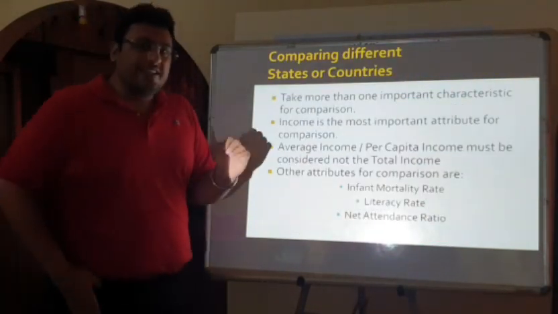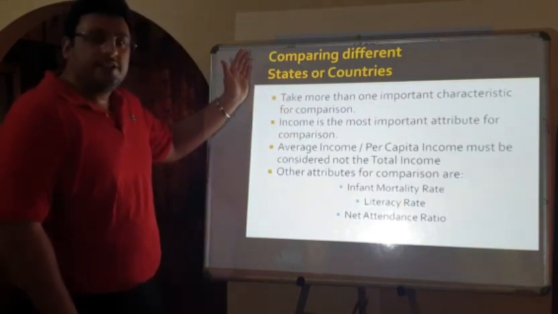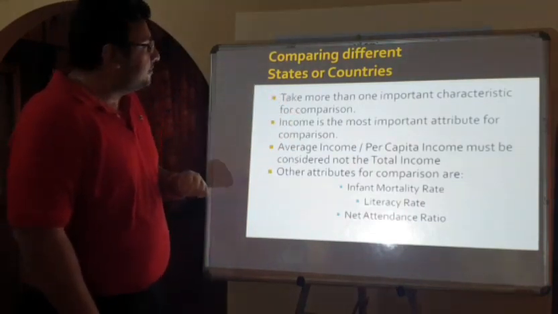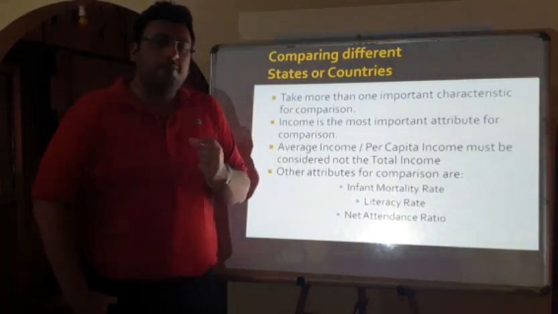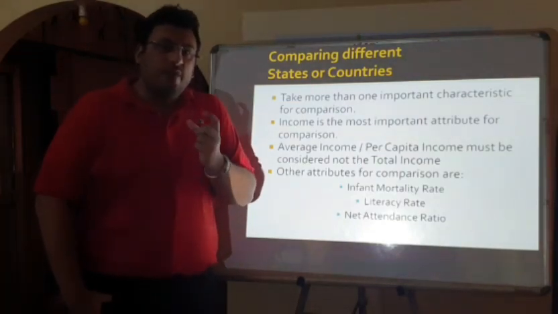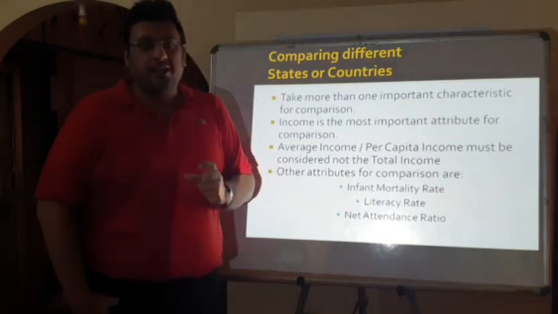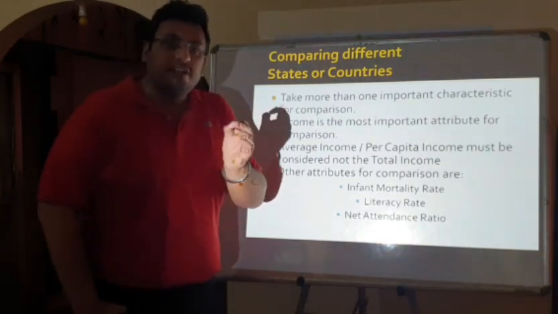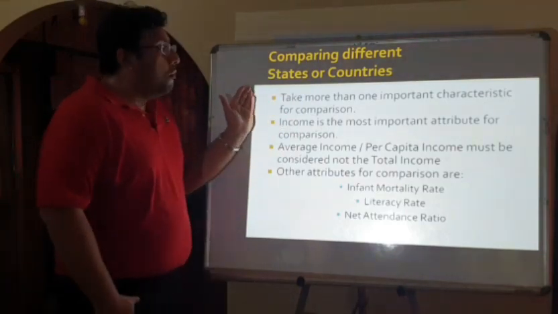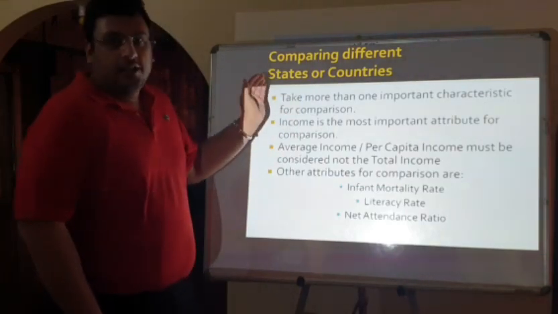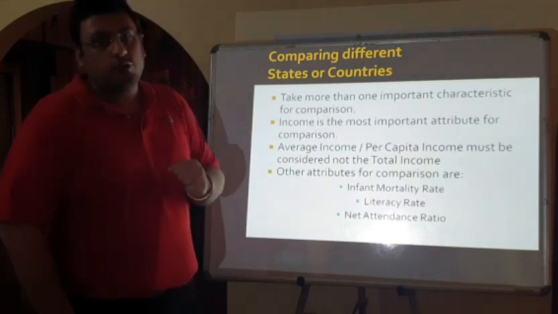The slide is comparing different states or countries. The most important concept in this is that when you compare two different states or two or more countries, you have to take more than one feature for comparison.